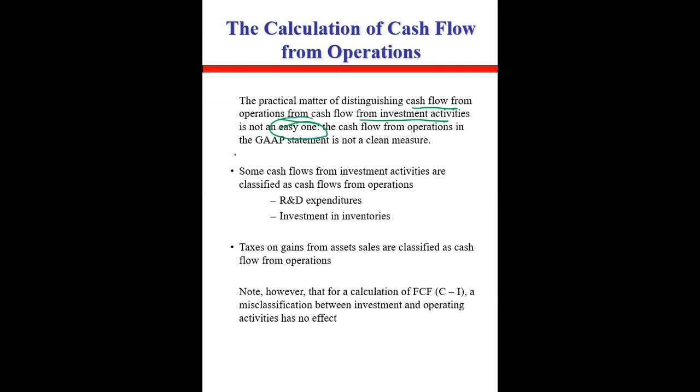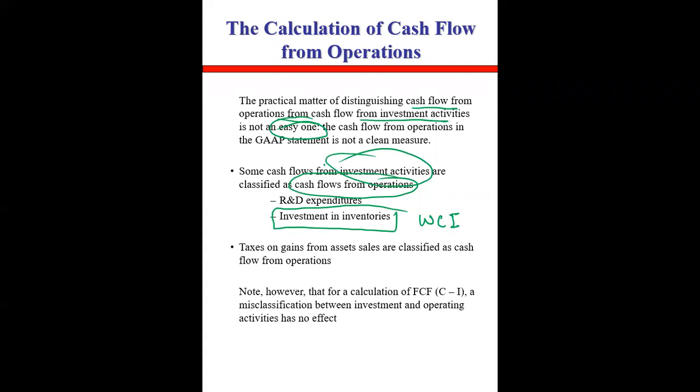It is not an easy task because sometimes you see some cash flows which look like an investment. You see, investment in inventories, which is part of working capital investment. But you see this item in the cash flow from operations. You do not see this investment in the cash flow from investment item, right? So that is the reason why it is not an easy task.